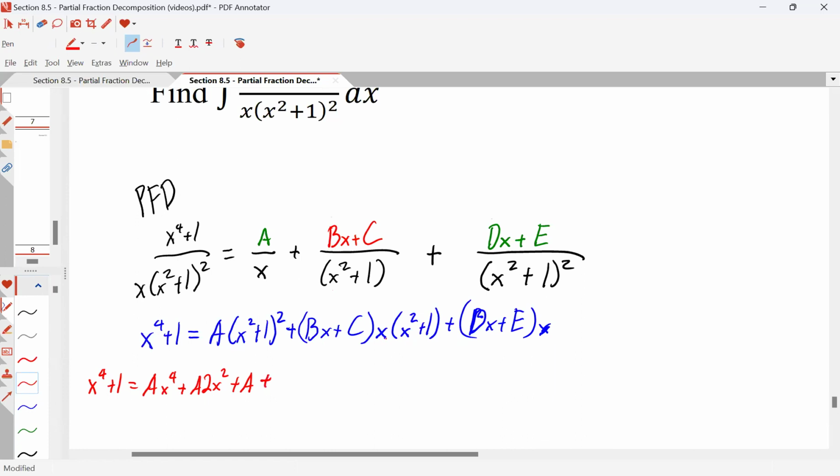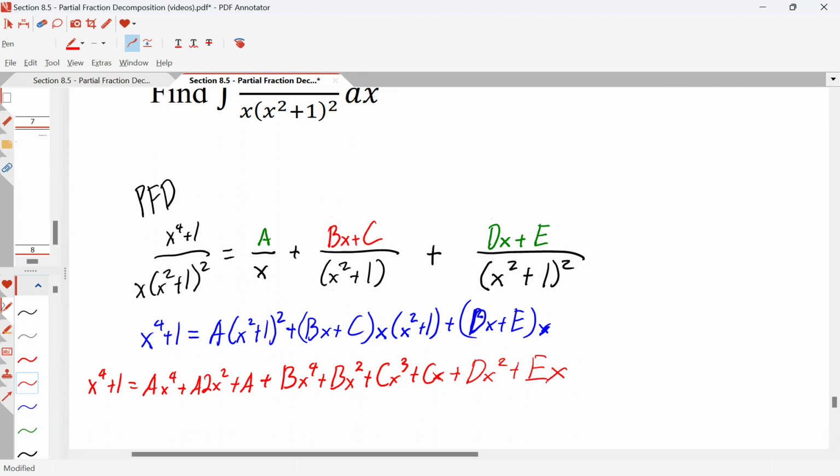Bx plus C times x squared plus 1 will become Bx to the 4th plus Bx squared plus Cx cubed plus Cx. And then Dx plus E multiplied by x is Dx squared plus Ex.